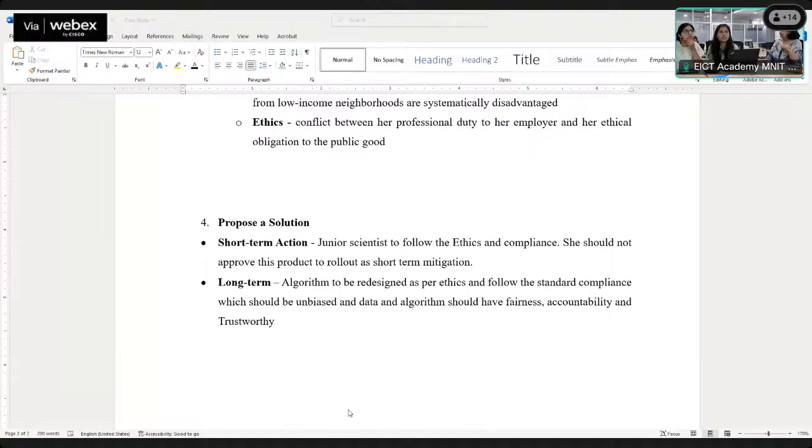Anybody else from your team who would like to corroborate? Yes, please go ahead. I want to add that in this particular case study, the association was faulty or biased, as a low score was being given to low-income people based upon their insurance spend.